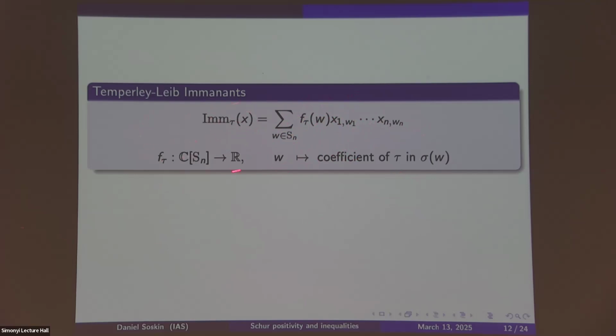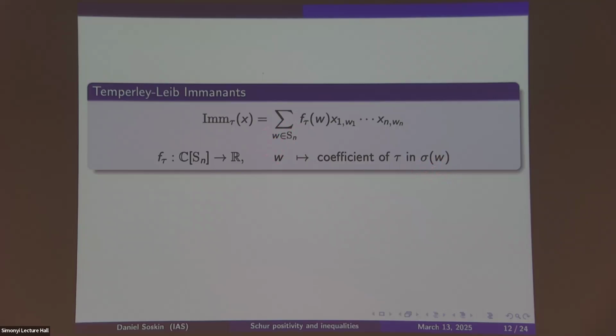So in the definition of the Temperley-Lieb immanant, we have to define this function in the following way. We take a permutation w, we write a reduced word for w, and then each si is sent to ti by that quotient map. So instead of a reduced word, a product of generators si, we get a product of ti minus 1.